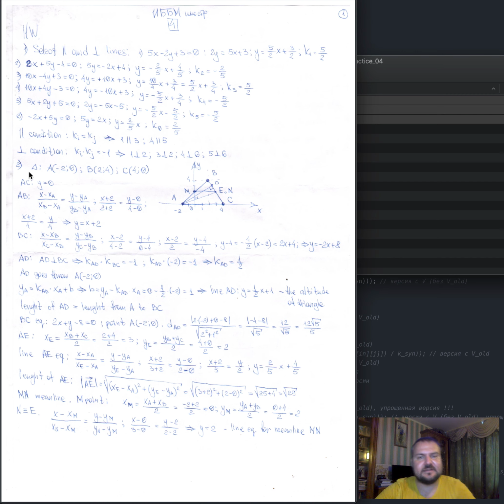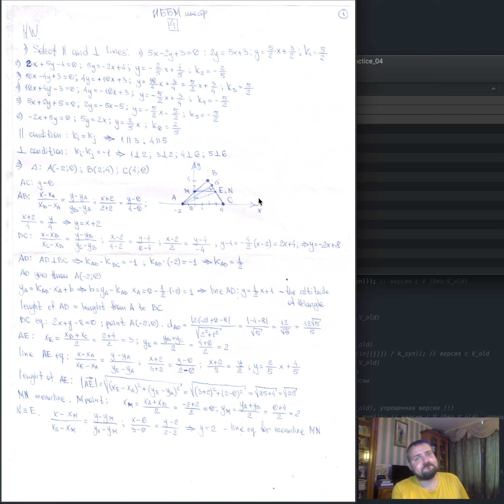The second exercise was about a triangle, and we need to find the height from the point A to the side BC, AD, or maybe the equation for all the sides, and the midline MN, which goes through the center of AB to the center of BC.